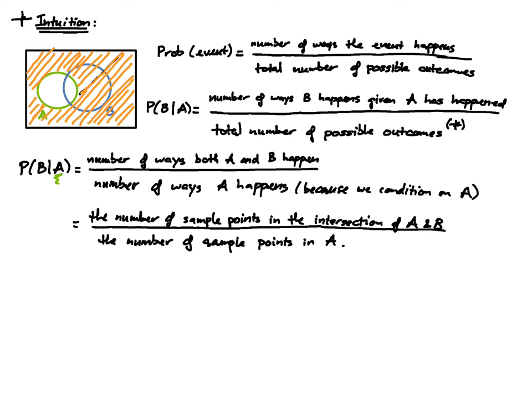So technically we could just end the formula right here and be done with it. But to make things more convenient, we want to express things in terms of probability. And in order to do that, we can divide both the numerator and the denominator by the total number of outcomes in the entire sample space.